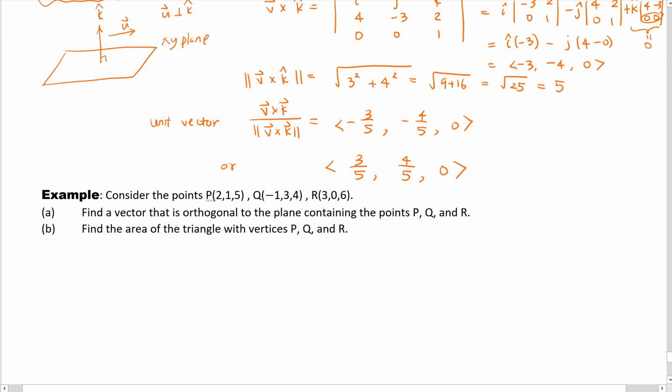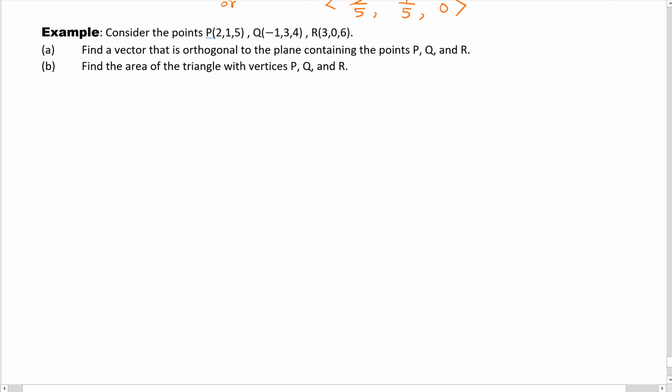So let's look at this example. Consider the points P, Q, R. Part A. Find a vector that is orthogonal to the plane containing the points P, Q, R. How does that work? Here we have a plane and we have P, Q, and R on the plane, right?